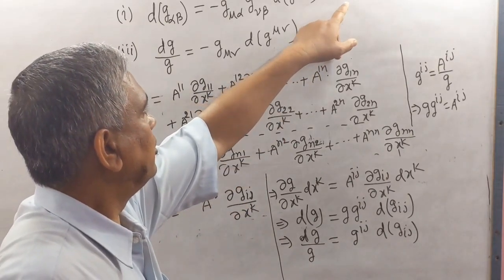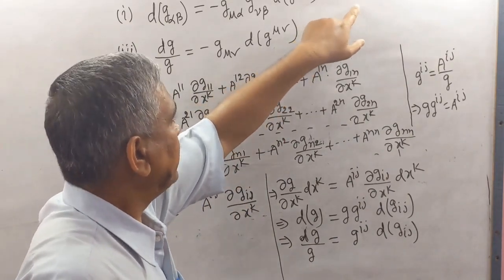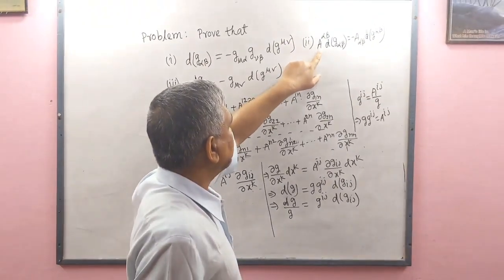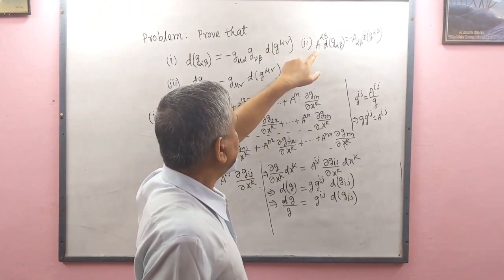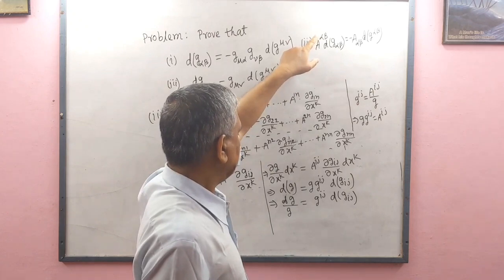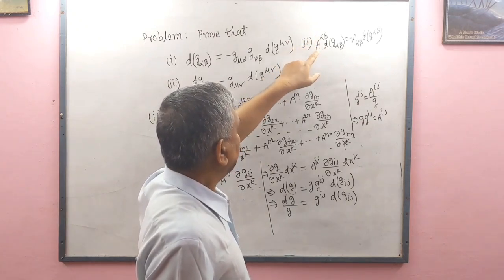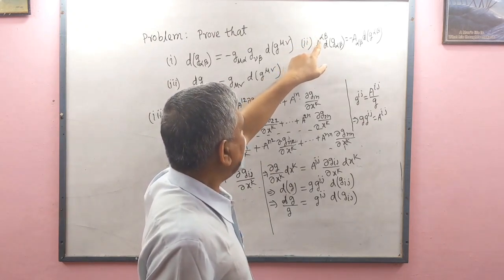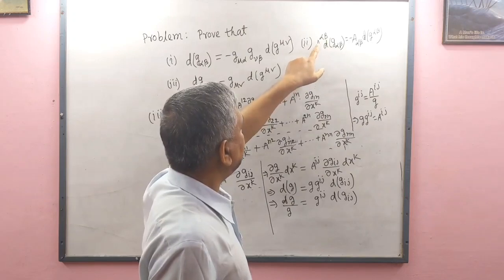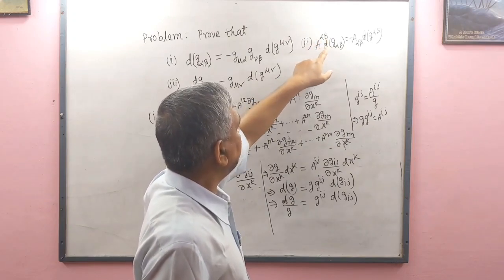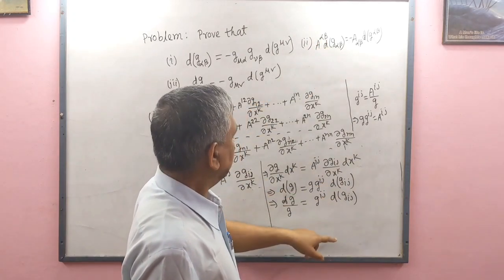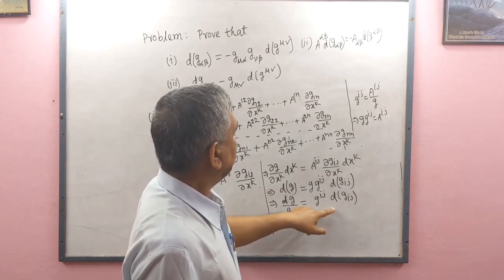Using 2 here, if we take in place of A G alpha beta, meaning alpha equal to i, beta equal to j, then Gij into dgij will be the same.